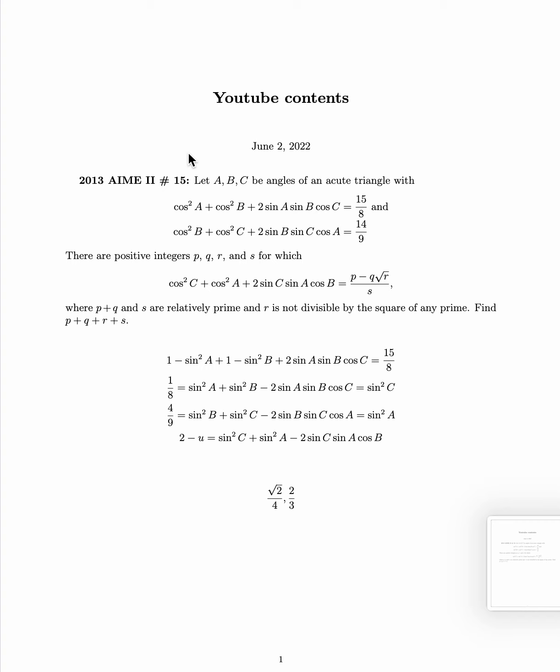Cosine is sine A square plus sine C square. So I basically just want to find cosine A, and we're basically done with this problem. We have sine C and we have sine A.